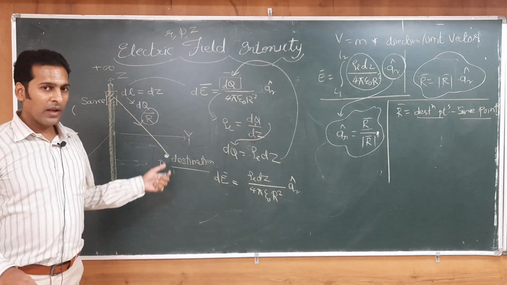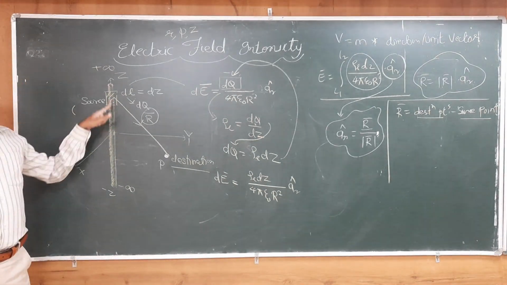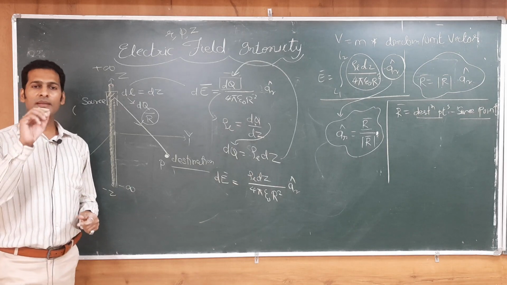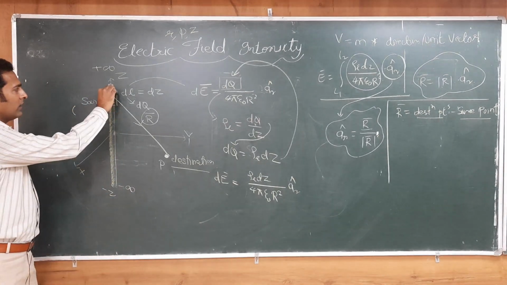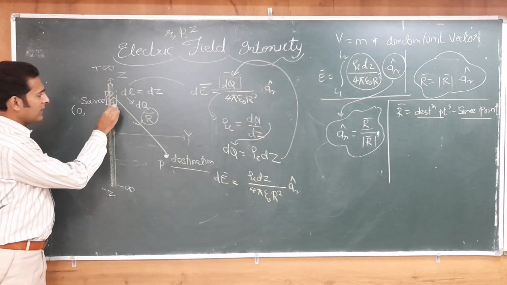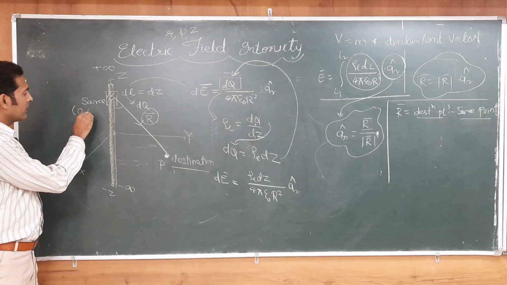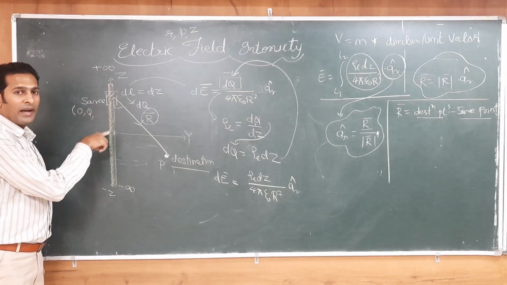So we want to calculate r bar. The source points are on the z axis, and on the z axis the radius is 0. We are starting on the line, so this is the place where the radius is 0. There is some angle phi, and of course there is height z.